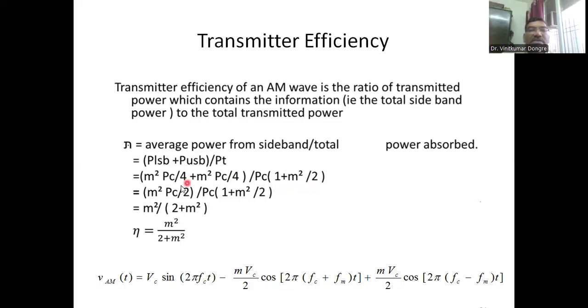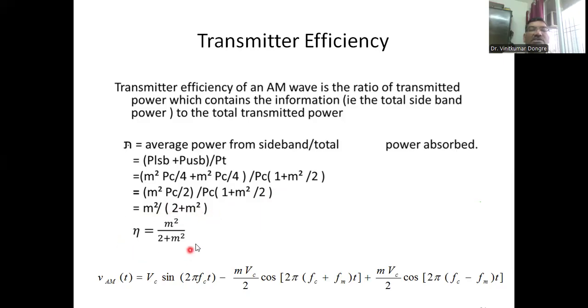Now just simplify it. The sideband sum becomes M square PC by 2, and the total is PC times 1 plus M square by 2. PC is common, so you can remove the PC. Taking M square by 2 here, inside it becomes 2 plus M square, and the 2 gets cancelled.